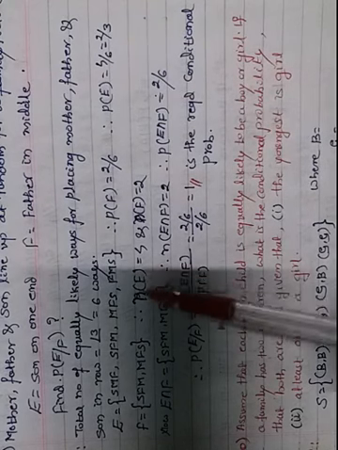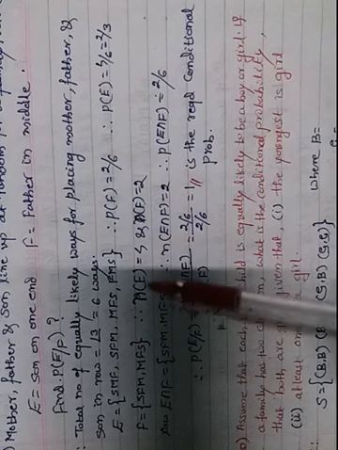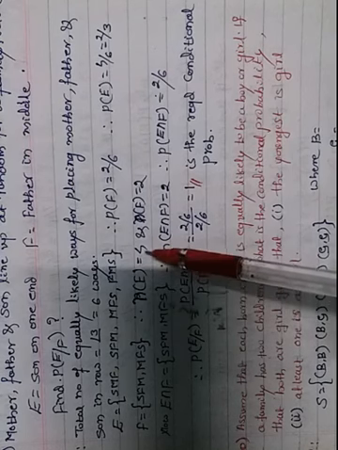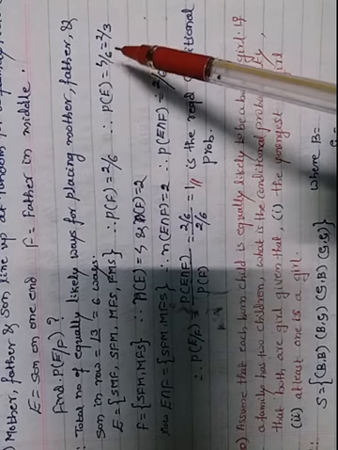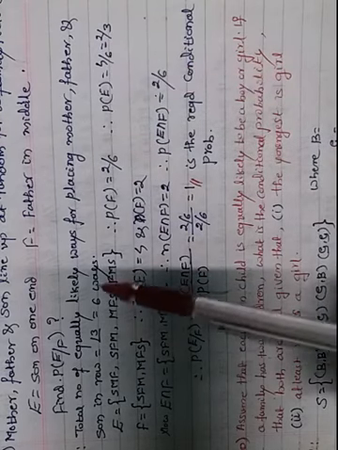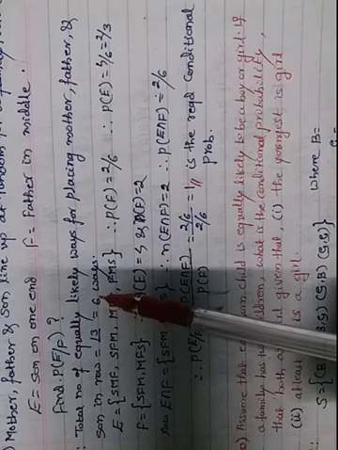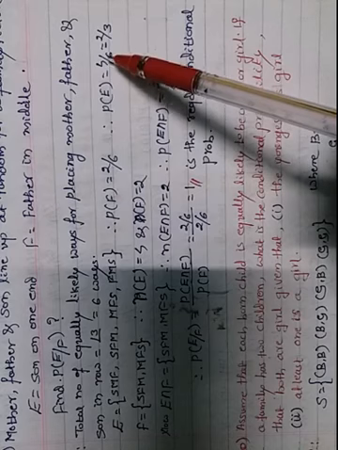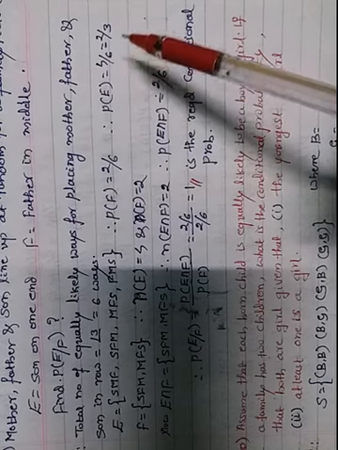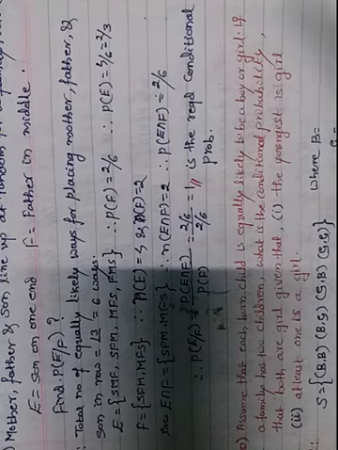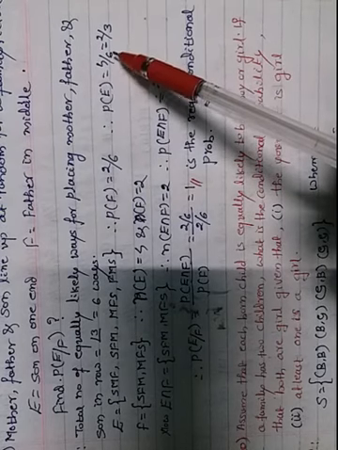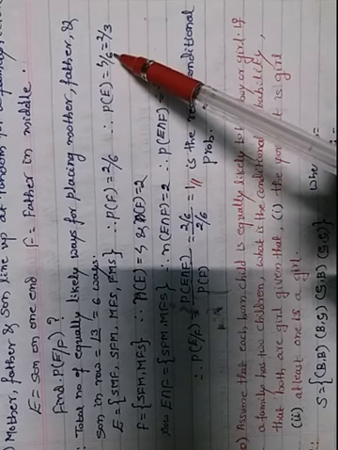Number of favorable events means N of E, which is 4. Total number of events, by using the permutation concept, is 6. Here 6 ways mother, father, son can sit. So I have used 6 as the denominator. This is the N of S here.